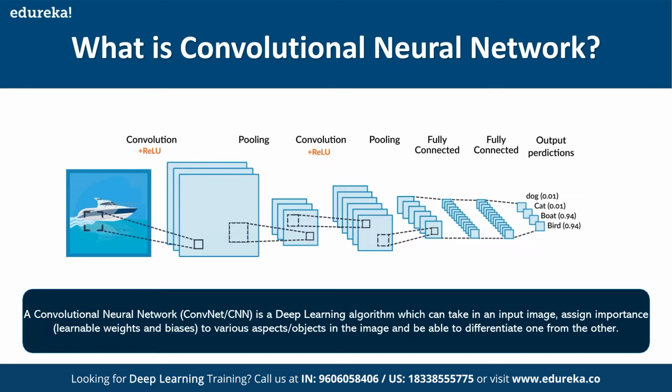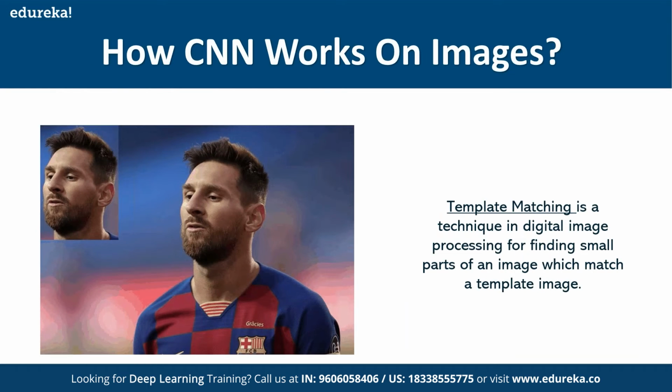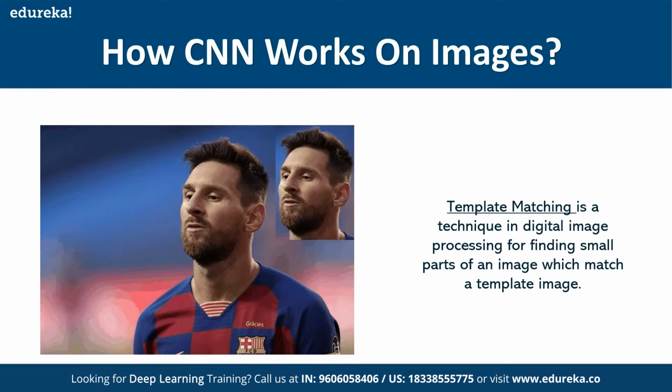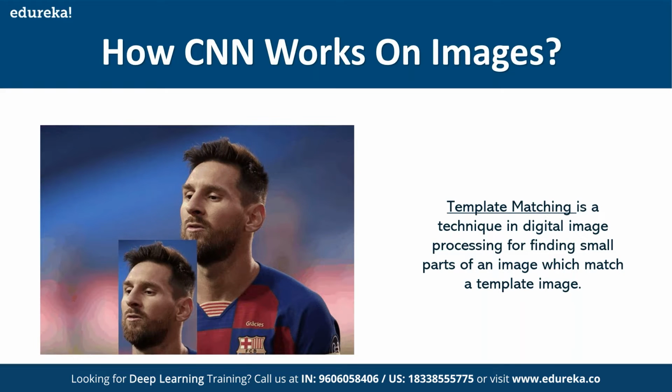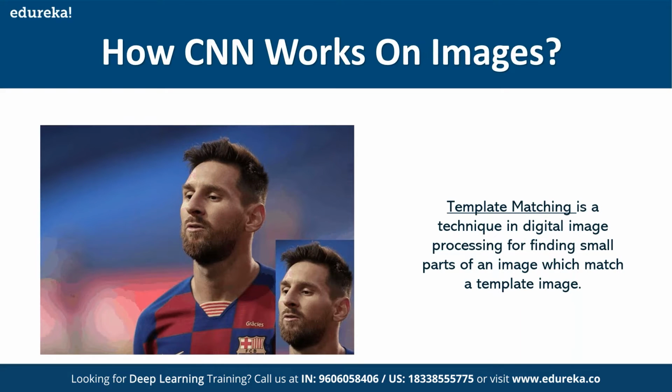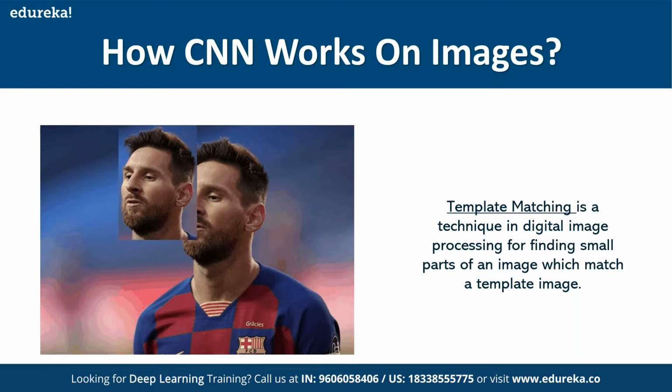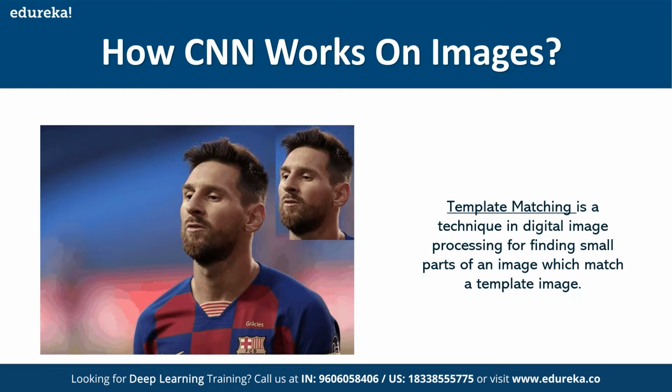The way this data gets processed, you can think of it as template matching. It will take the template and try to find whether the template is present. It means it is going to learn the patterns in the data.